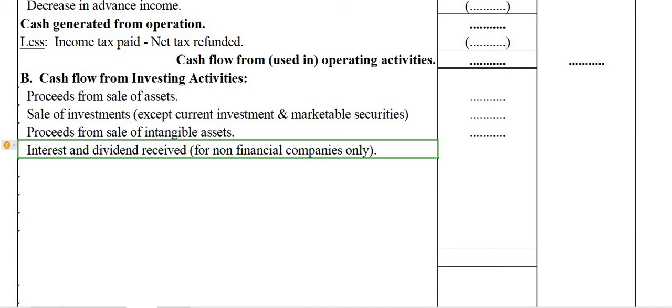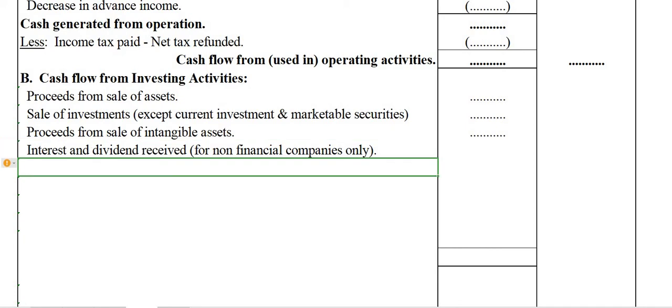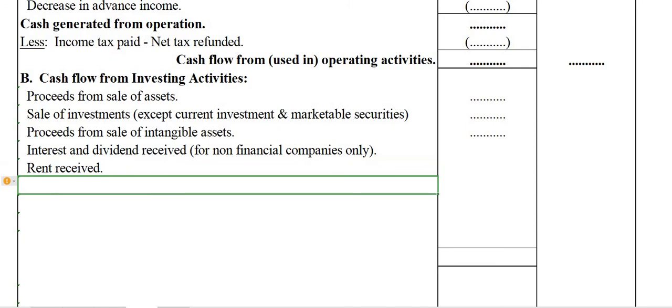Except financing companies, if any other company receives any dividend from their investment, that can be shown here. Then rent received. We have told that it is income received from letting out our property, buildings, etc. So this is an investing activity.